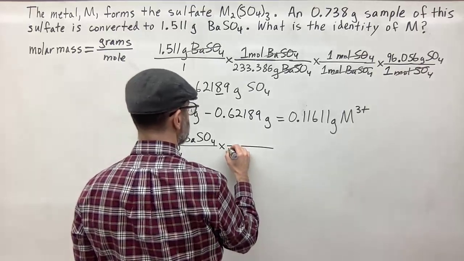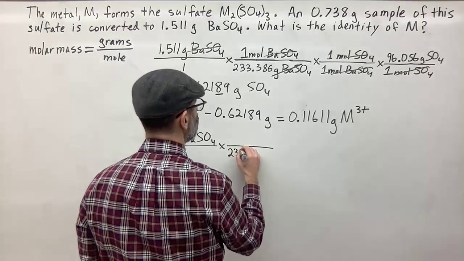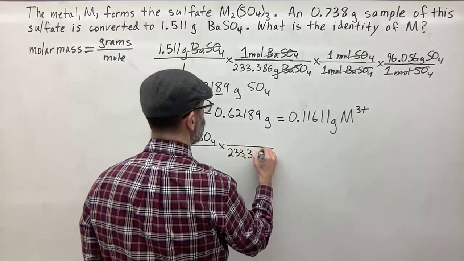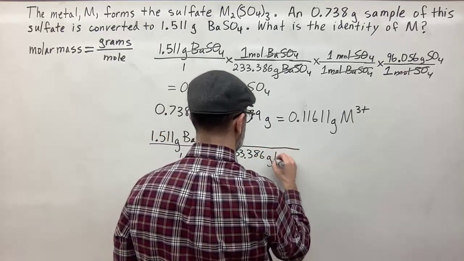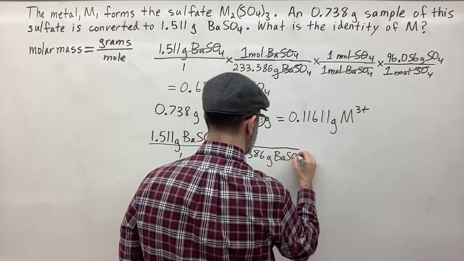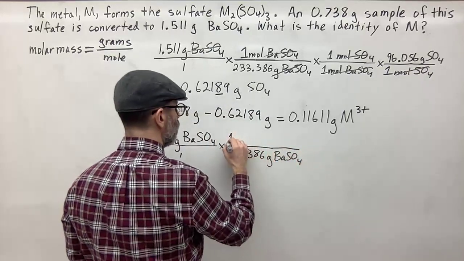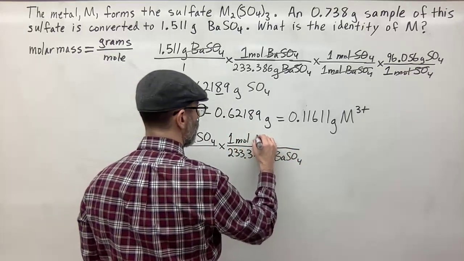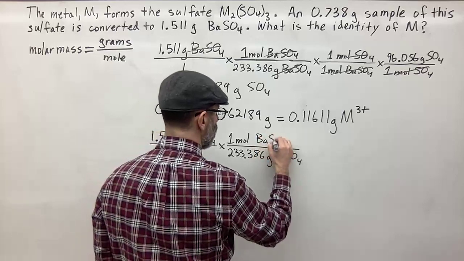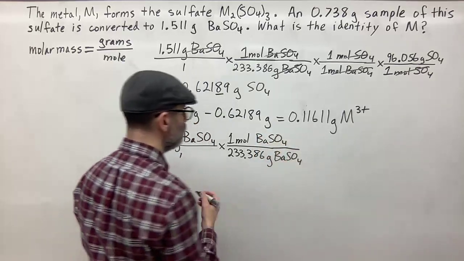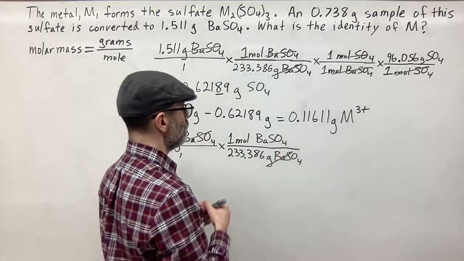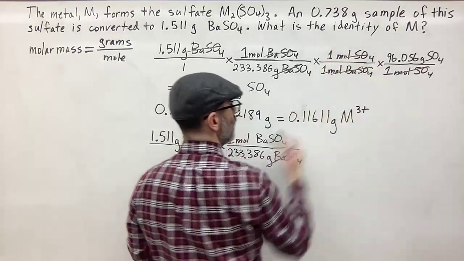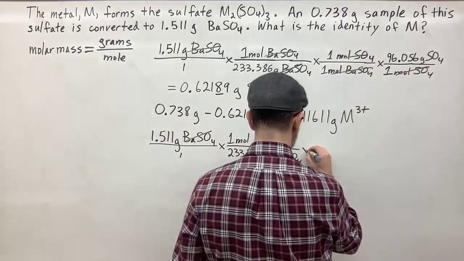So we're going to have 233.386 grams of barium sulfate and 1 mole of barium sulfate. So grams cancels out. We're going to use our mole ratio to get to moles of sulfate.